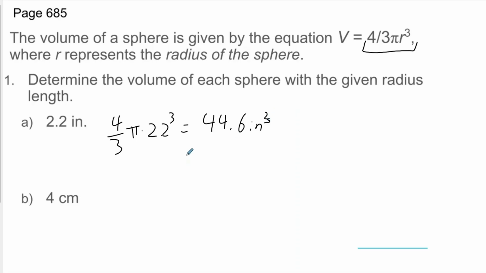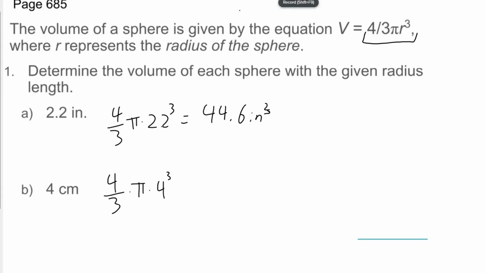Okay, you pause the video and you try B. Hey, welcome back. So this is my equation, 4/3 times pi times 4 cubed. I put that in the calculator and I get 268.1 centimeters cubed.